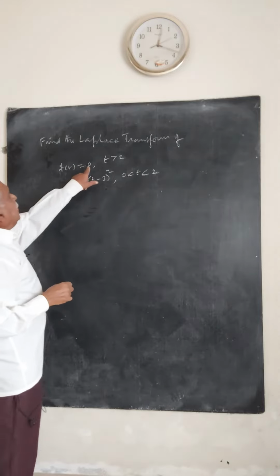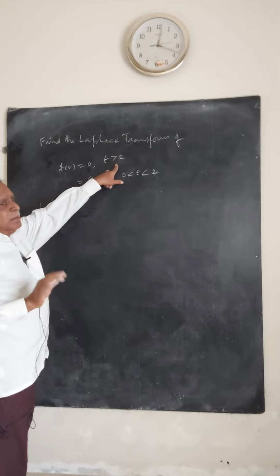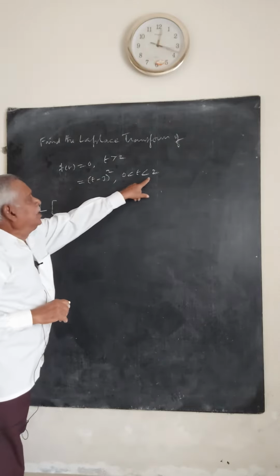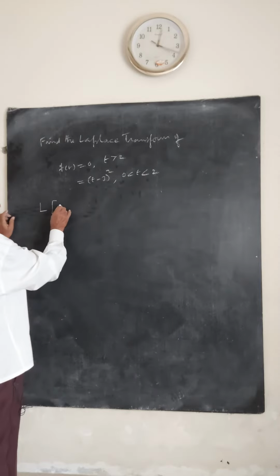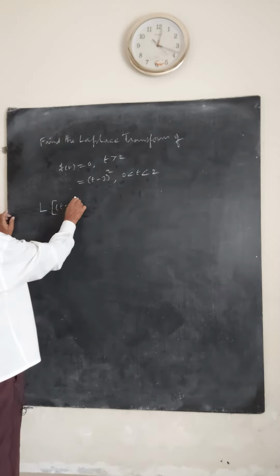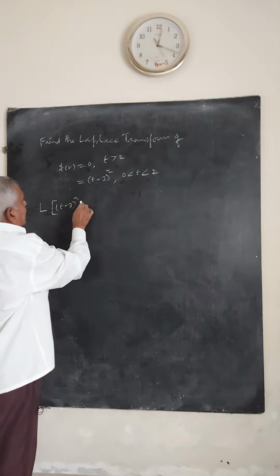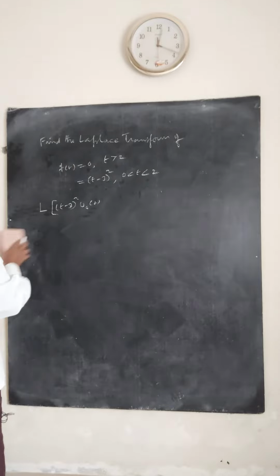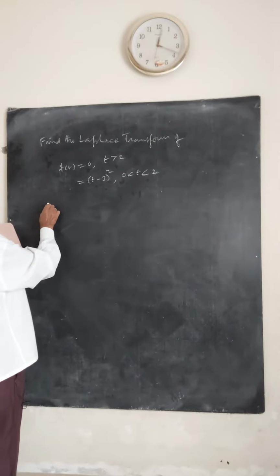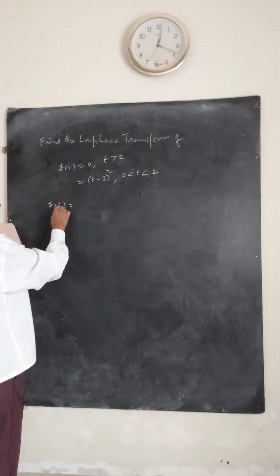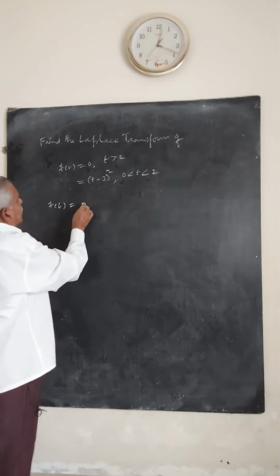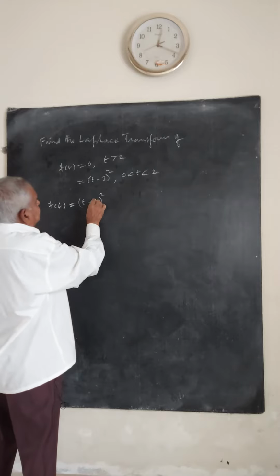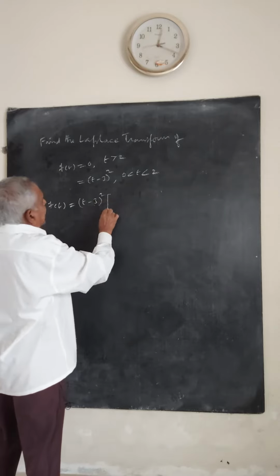If there is a function 0, you don't touch that in any sum. You only see where the function is. See, t minus 3 whole square, 0 means u0t. First let us write the function f of t equal to t minus 3 whole square in bracket, times u of 0t minus u of 2t.